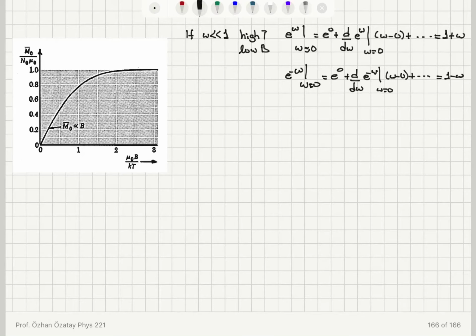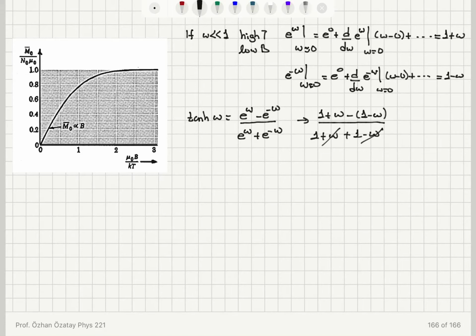So if I look at the behavior of the tangent hyperbolic omega, which is e to the omega minus e to the minus omega divided by e to the omega plus e to the minus omega, it will become 1 plus omega minus 1 minus omega, divided by 1 plus omega plus 1 minus omega. You can see that these omegas will cancel, and at the end I have 2 omega divided by 2, which is omega.